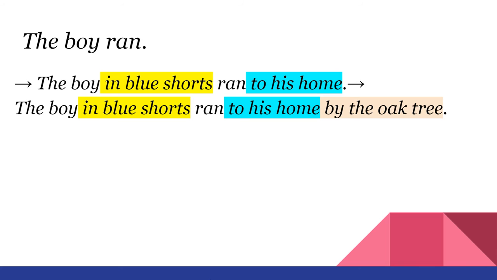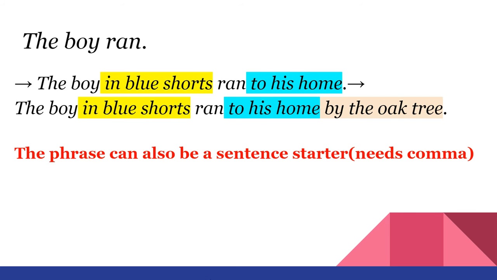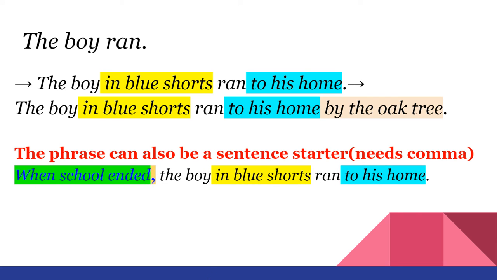That's perfectly fine. Remember, anytime we can give more information about a relationship or how two things interact with each other, we can add a prepositional phrase. It could also be a sentence starter. That means sometimes you could use a prepositional phrase to start your sentence. Let's take a look at what that looks like. When school ended, comma, the boy in blue shorts ran to his home.